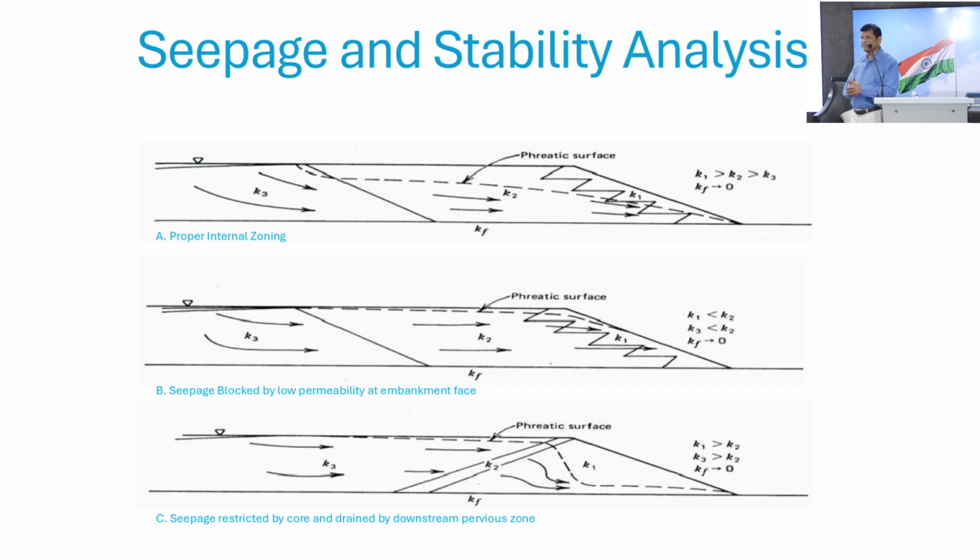When we do the limit equilibrium method stability analysis, one of the inputs is the phreatic surface. And that phreatic surface can also be in pore pressure, so that can also be an input. So once we have that, then we do the stability analysis.